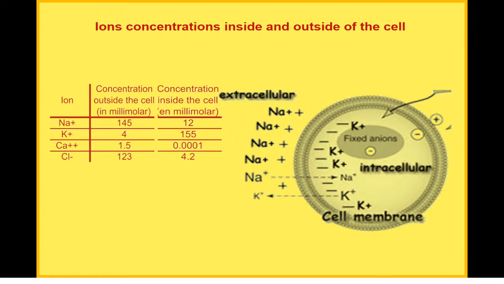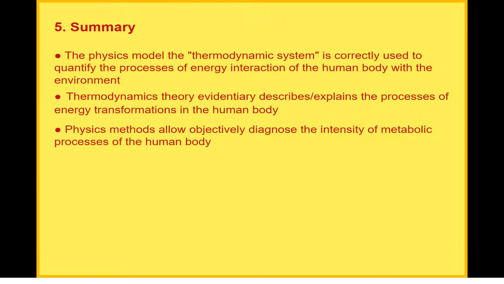The cell is supplied with glucose, and this is a kind of exchange, and the cell excretes wastes from its interior. So this is absolutely certainly a thermodynamic open system.